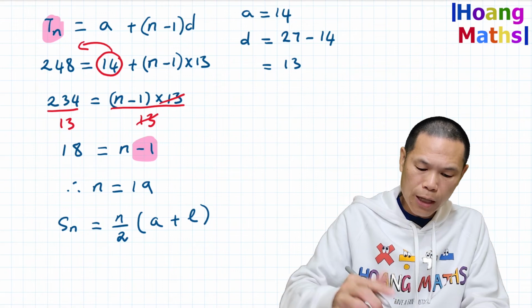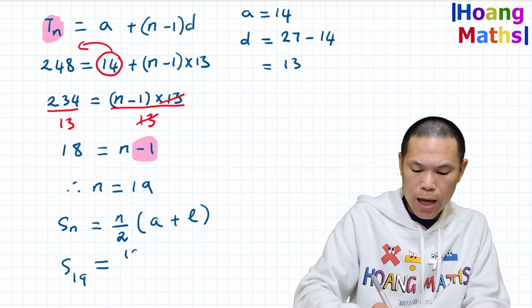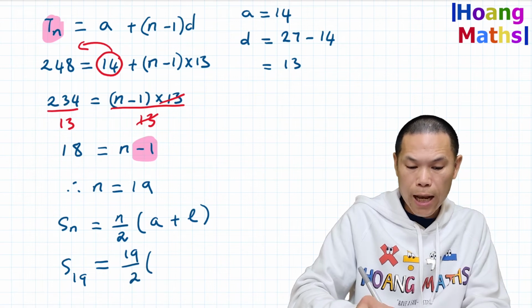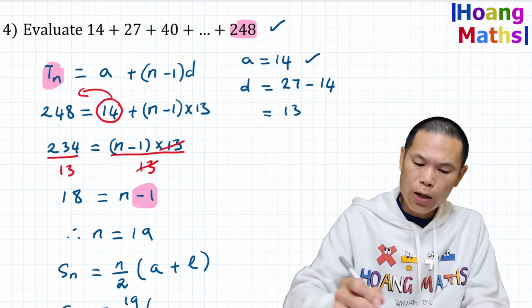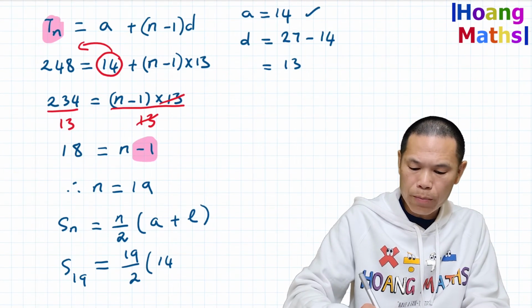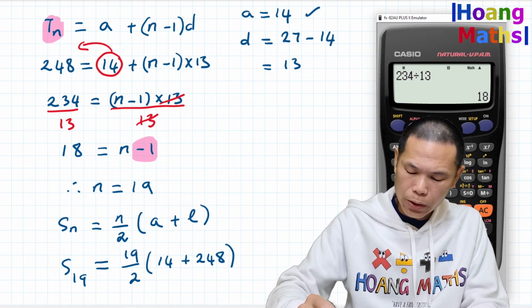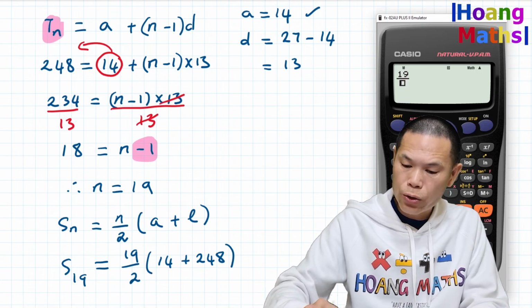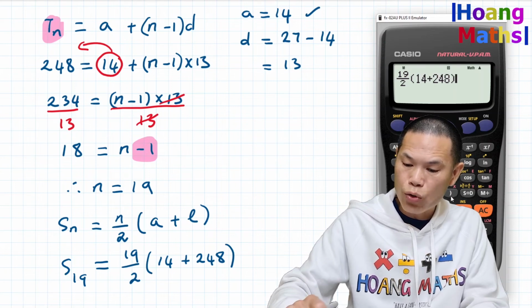So S of 19 is 19 over 2, the first term is 14, and the last term is 248, so 14 plus 248. Now I put it on the calculator: 19 over 2, brackets 14 plus 248, close brackets.